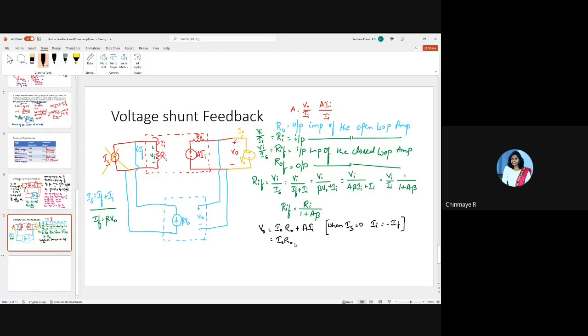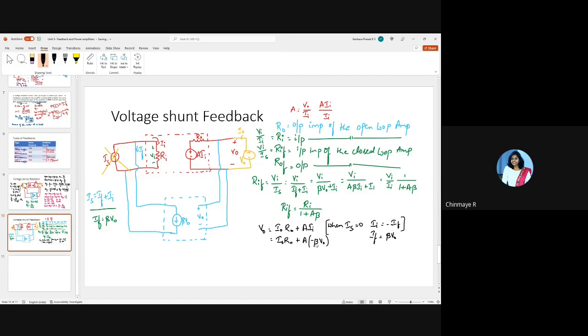I naught R naught plus A times minus If. Minus If here is nothing but minus beta V naught, because Ii is equal to minus If and If we know is equal to beta V naught.